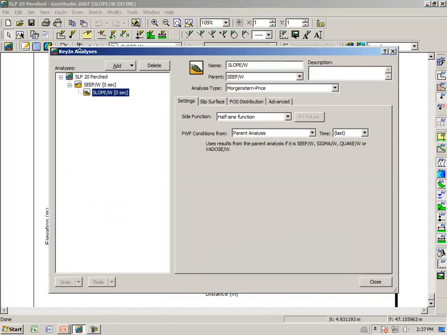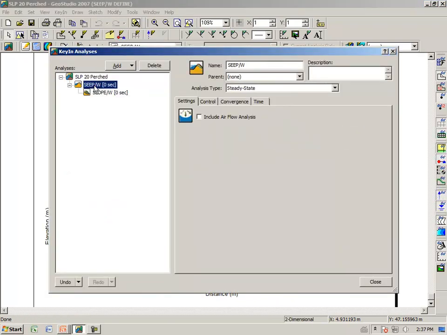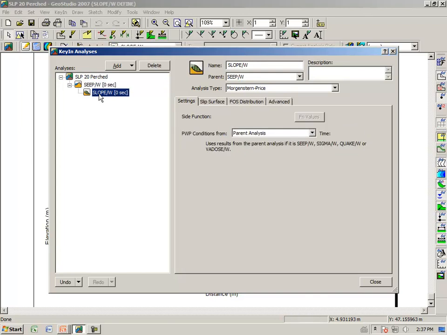Looking at the analysis tree, once again you can see that we first did a SEEP/W analysis, then we did a slope stability analysis. Once again, the pore water pressures come from the parent, and the parent is the SEEP/W analysis.